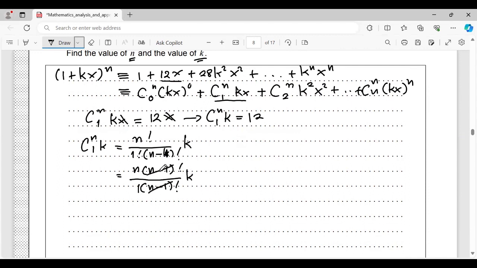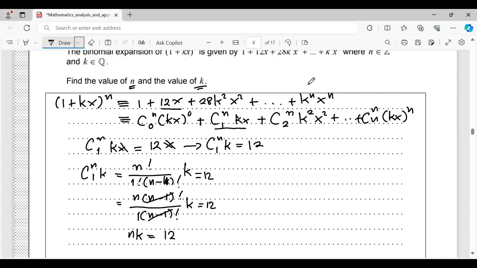Dividing n minus 1 factorial by n minus 1 factorial equals 1, so it becomes nk equals 12, based on this information.